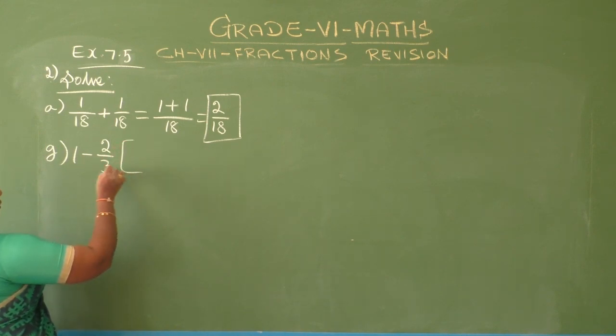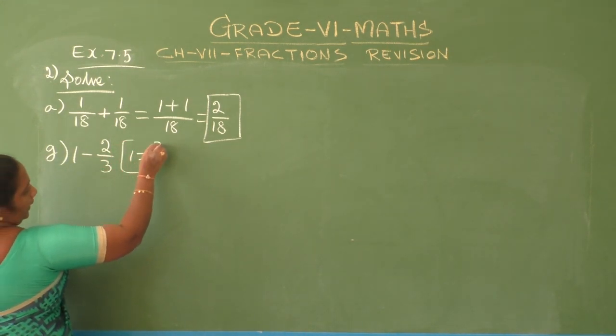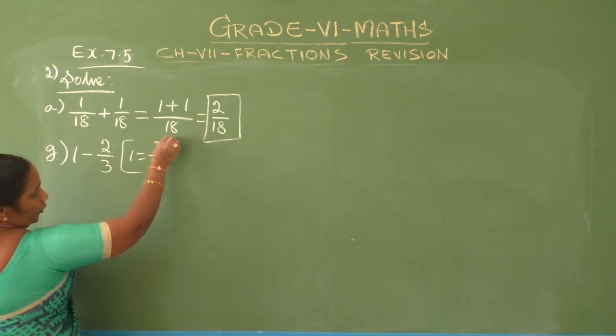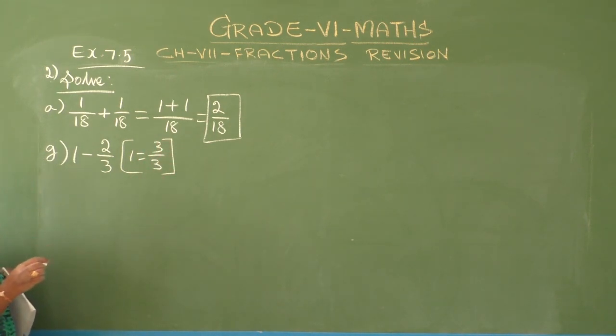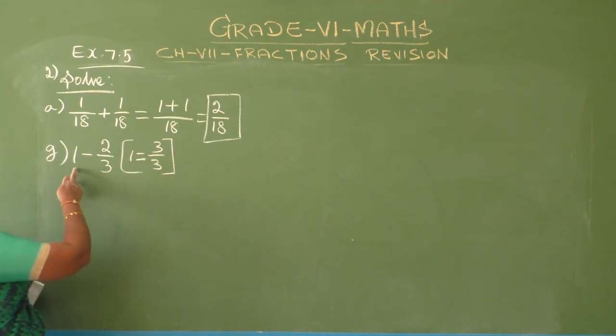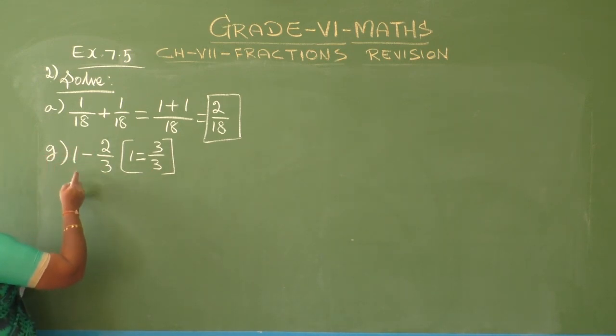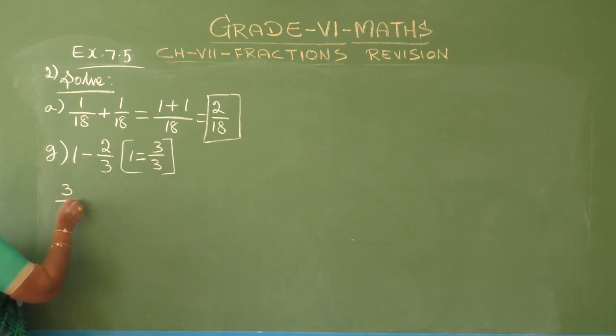See, they gave the proof: 1 is equal to 3 by 3. Whenever the numerator and denominator are the same, it's equal to 1. Is it or not? Yes. So here we apply 3 by 3 instead of this 1. So 3 by 3 minus 2 by 3.